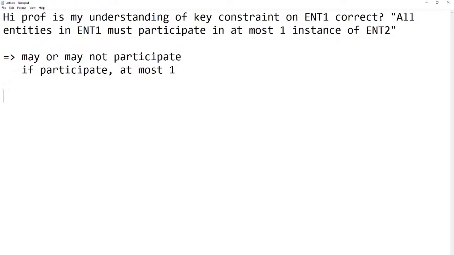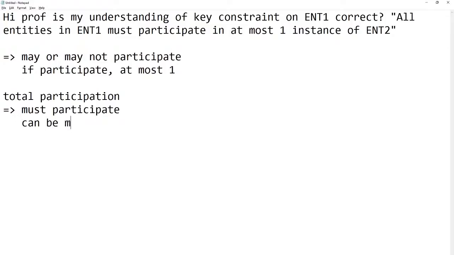While we are at this, might as well say total participation. Must participate, can be more than one. Another way you can look at this is that for key constraint, the number of participation is between 0 and 1.